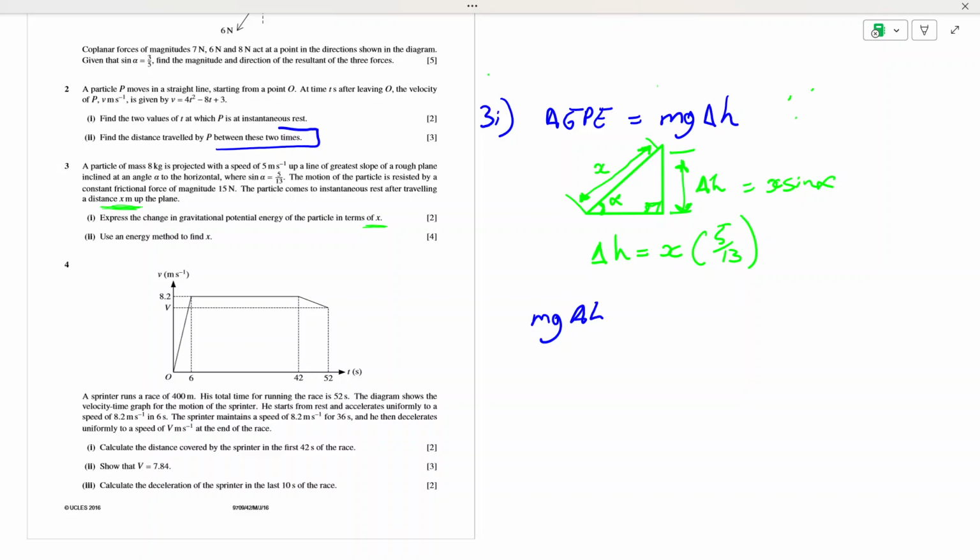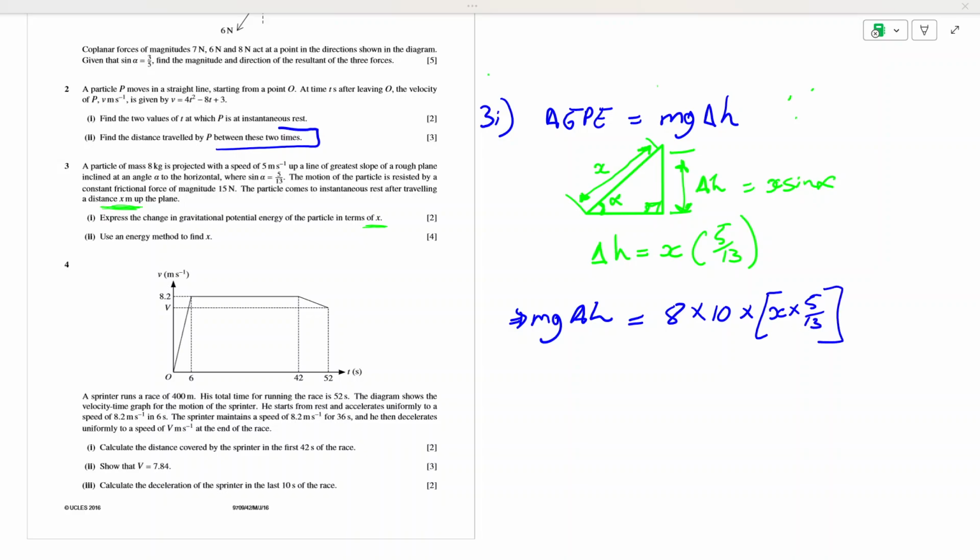mg delta h is going to be equal to the mass. Wait, it says express the change in gravitational potential energy of the particle in terms of x, right? Yes. The mass is 8 kg multiplied by 10, which is the acceleration due to gravity, 10 meters per second squared, multiplied by x, multiplied by 5/13.